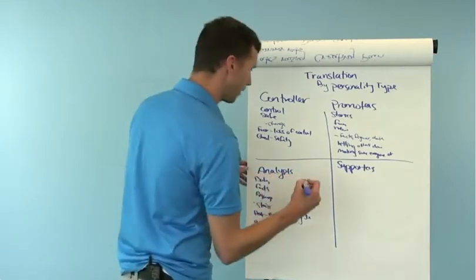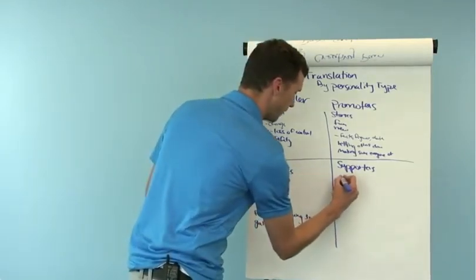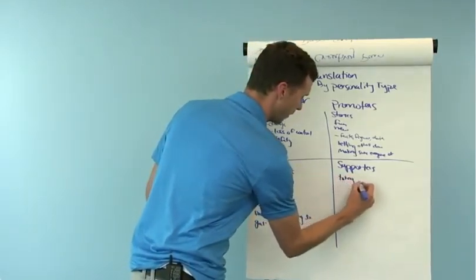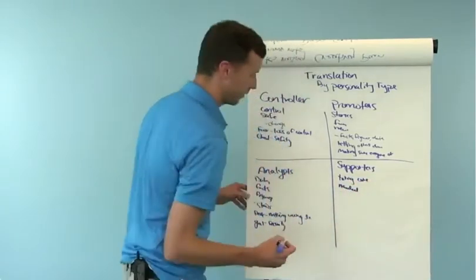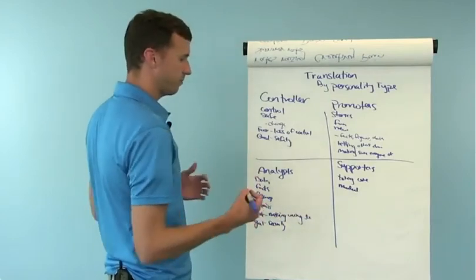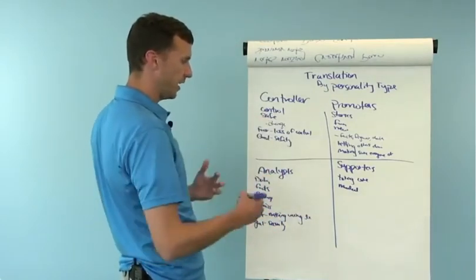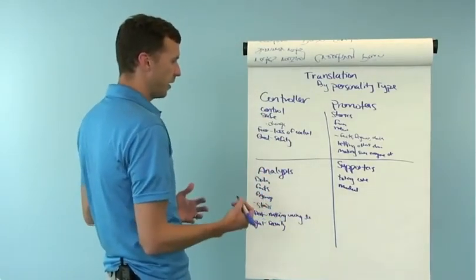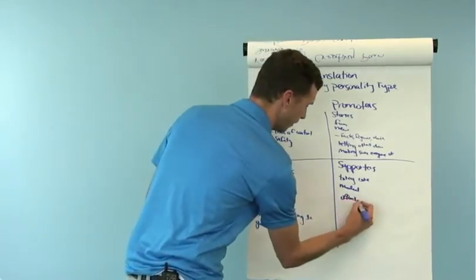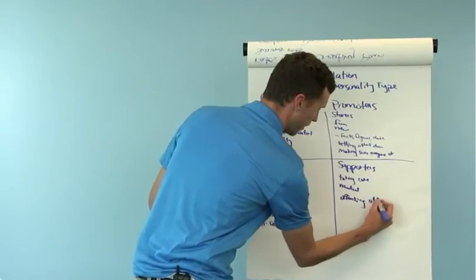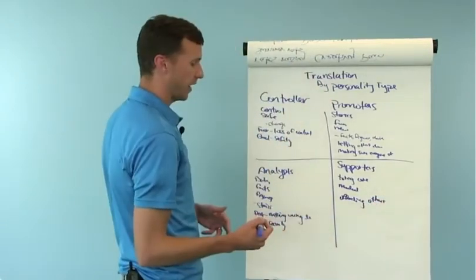Supporters, they like taking care of others. They like being needed. They like taking care of people, being needed. They like these kinds of things. What's their biggest fear? Offending others. So they hate offending others.